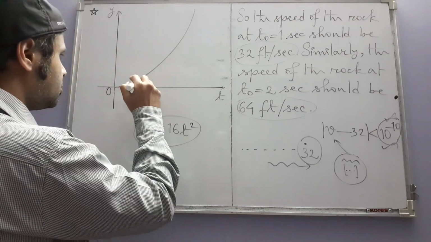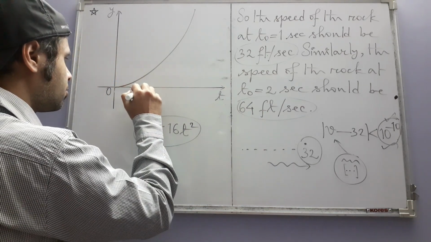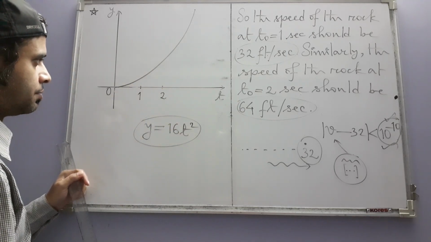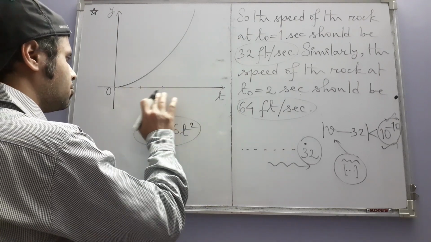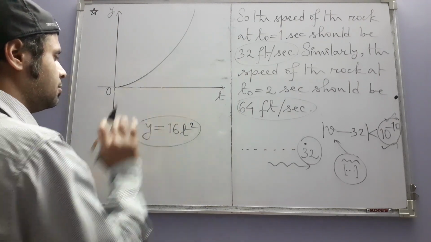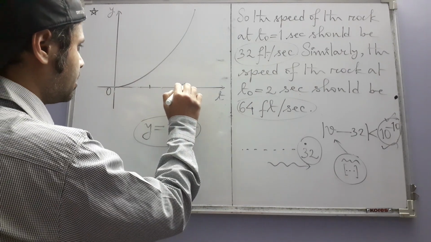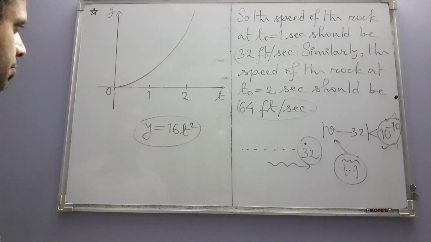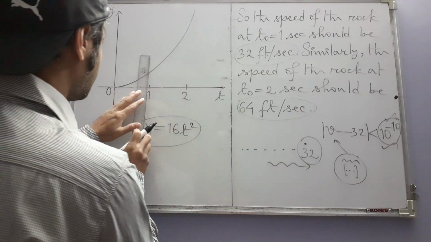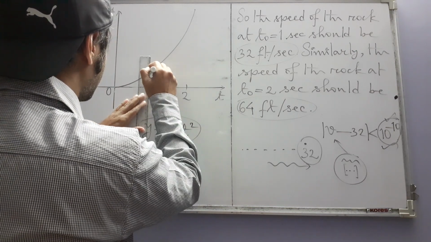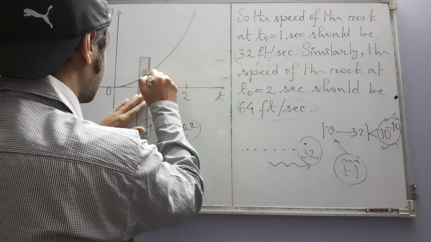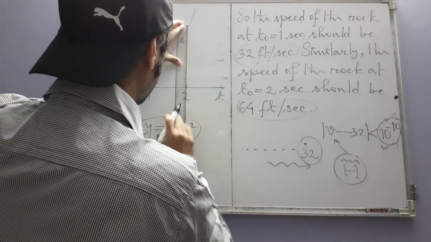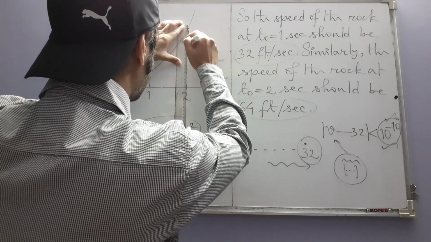Fine. So this is our 1 second mark, and this is our 2 second mark. Okay, in order to make it even more clear and prominent, let me take these things a little apart. 1 and 2. So at 1 second mark, the rock has fallen this much, and at the 2 second mark it has fallen this much.